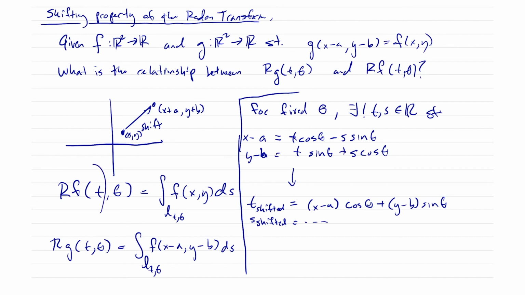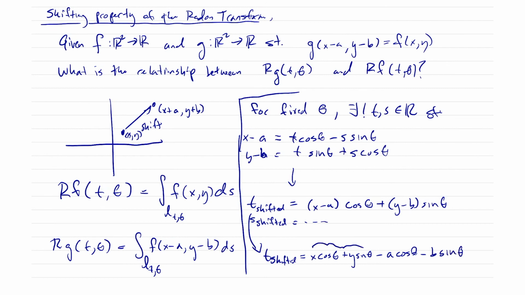The only thing that's really going to change is what happens to t. If we take a look at this, we have t shifted is equal to x cosine theta plus y sine theta, and then minus a cosine theta minus b sine theta.